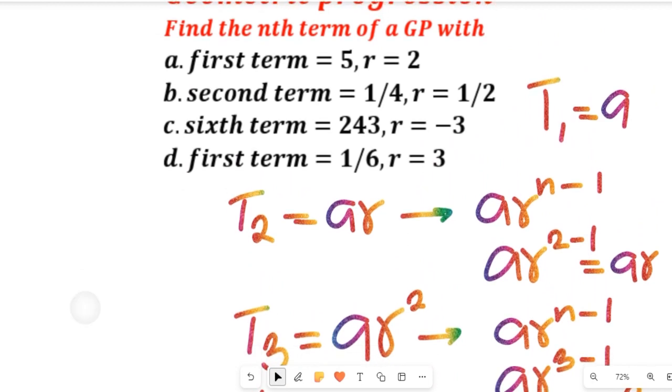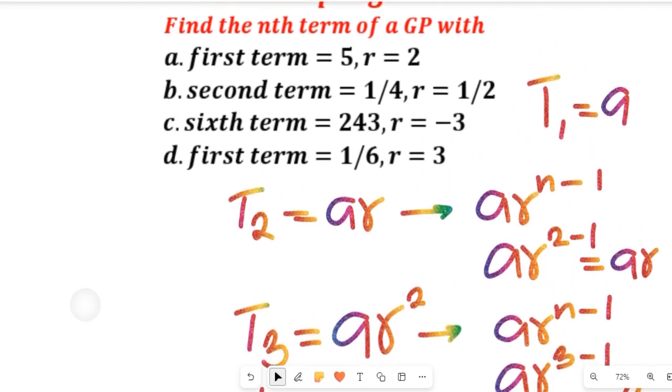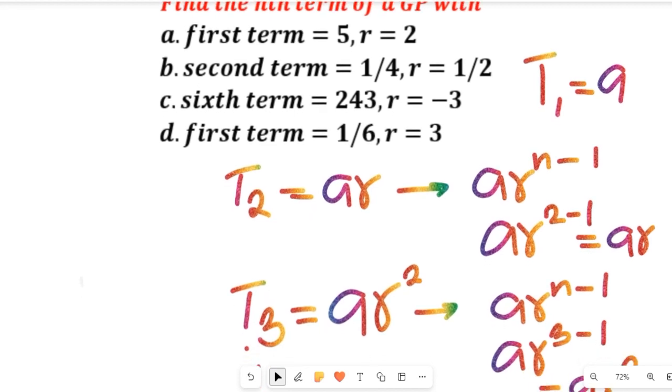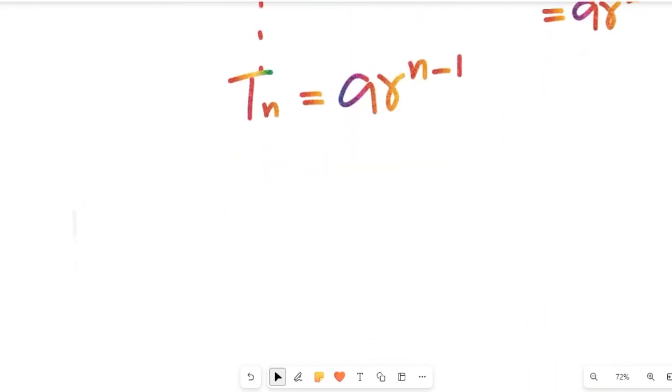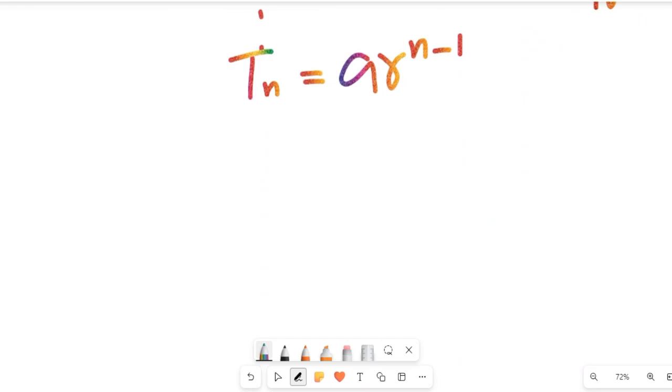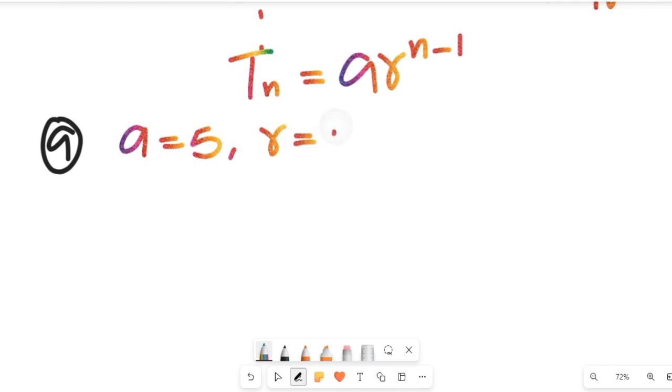Now, in the first question A, we are asked to find the nth term of a GP if the first term is equal to 5 and the common ratio is equal to 2. So we are given our first term A to be equal to 5, and the common ratio to be equal to 2. So what will our nth term be?